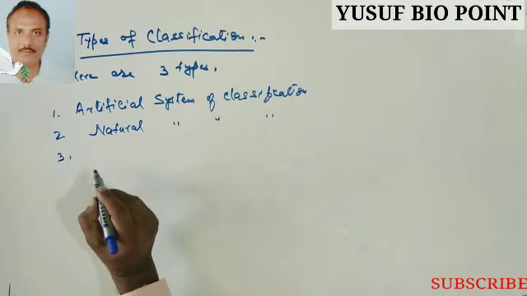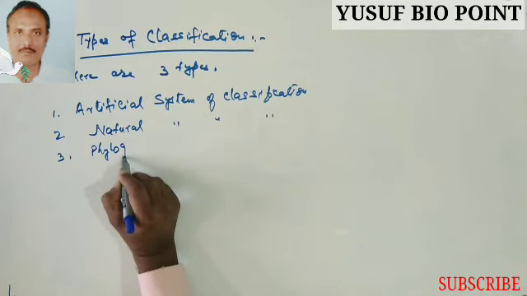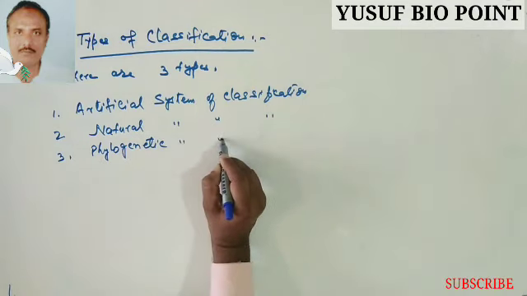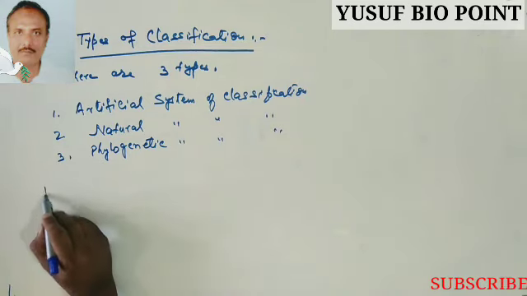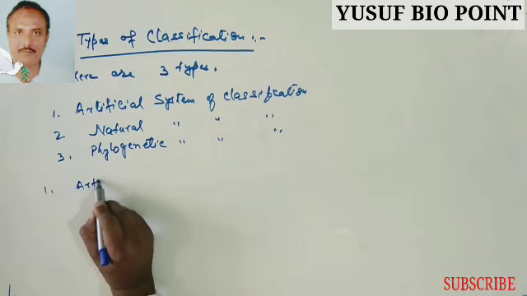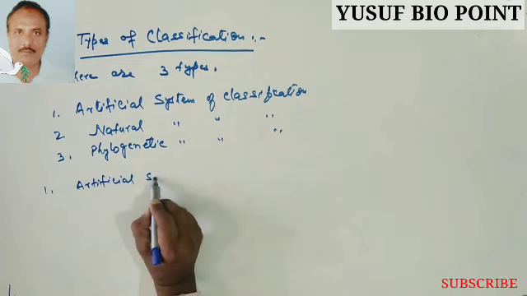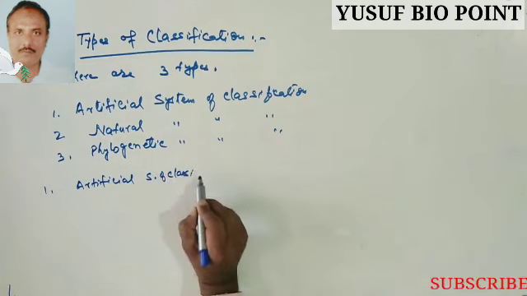And third one, phylogenetic system of classifications. These three classifications are given. First, we shall discuss the artificial system of classification.